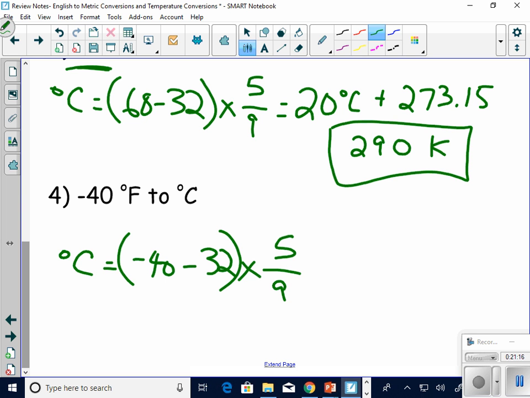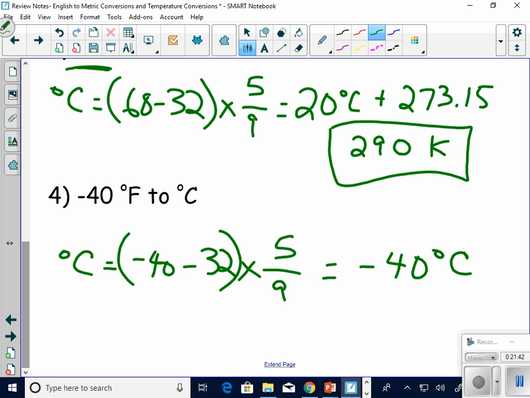Well, negative 40 minus 32 gives me negative 72. If I take negative 72 and I multiply that by 5/9, I come up with a value of negative 40 degrees Celsius.